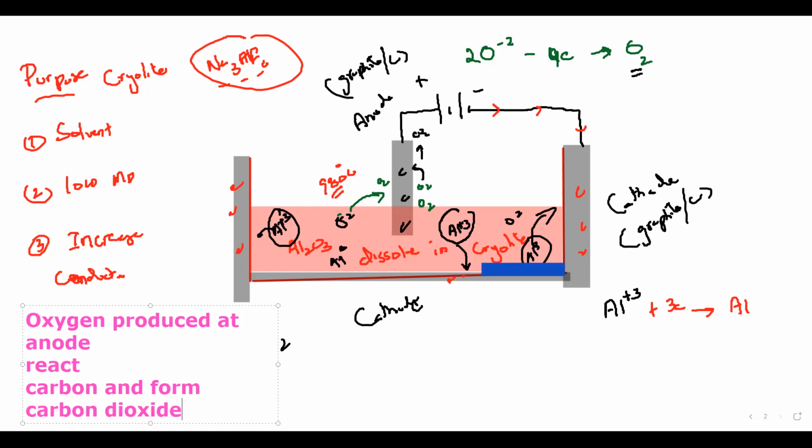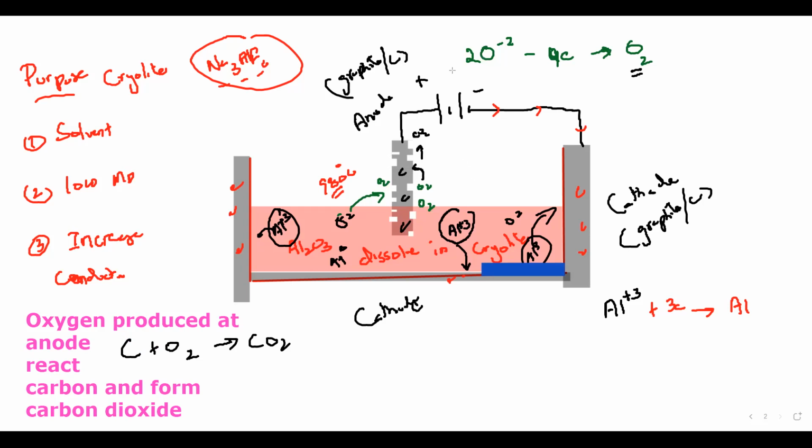As the amount of carbon is decreasing because the carbon is reacting, what will happen as a result? The size of the anode starts to decrease. Why is the size of the anode decreasing? Because the anode contains carbon and that carbon starts to react with oxygen. As a result, its size starts to decrease.